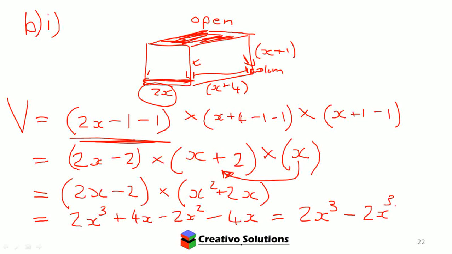So if I'm looking at the volume, that will be the volume here simplified. Write down the internal dimension of the box in terms of x. So I've done that. I just need to look at what they are asking for in question B2. They said find the volume of the inside of the box and show that the volume of the wood is 8x squared plus 12x cubic centimeters.